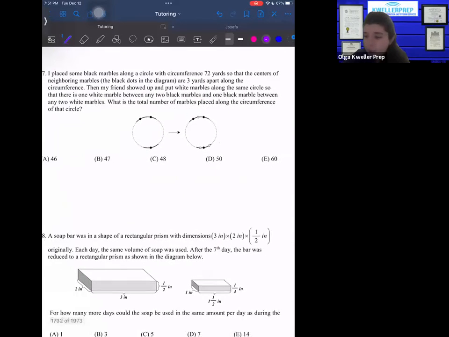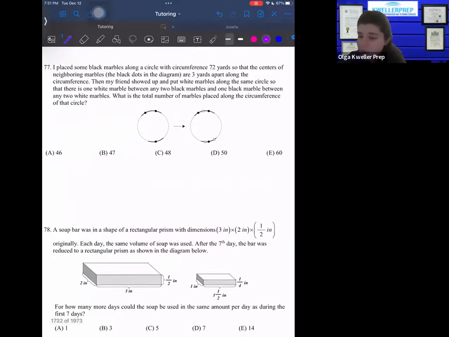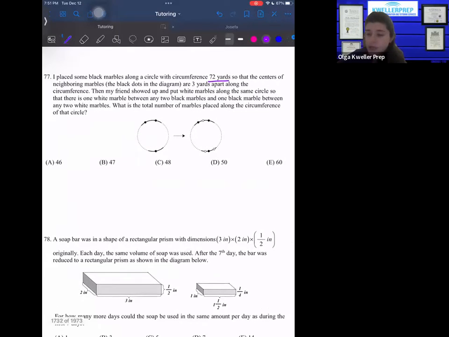Okay, if we keep going, we've got black marbles along the circle with a circumference of 72 yards. So you guys need to know your circumference formula. What's the formula for circumference? So you should know that circumference is 2 times pi times radius, good, which is the same thing as pi times diameter.